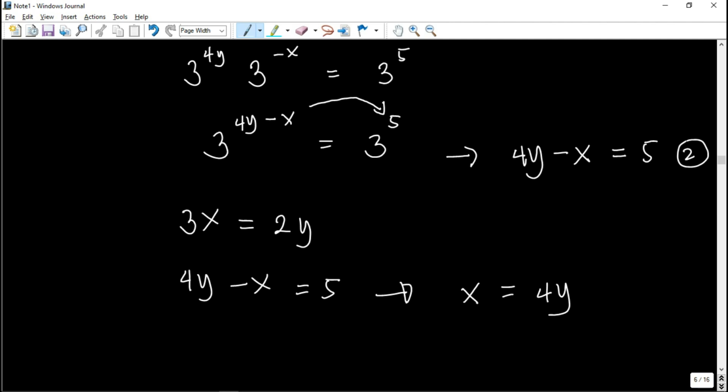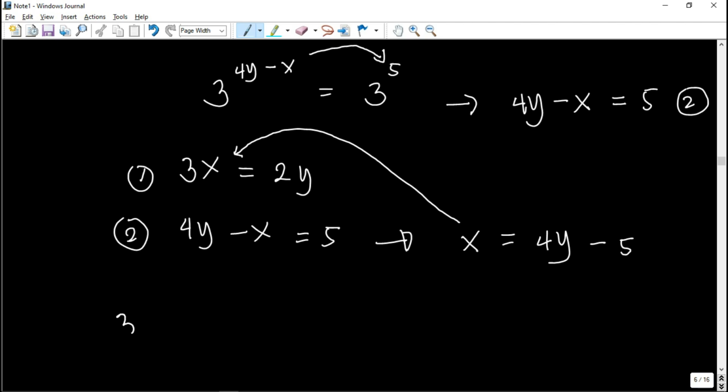Okay, lipat natin dito sa right, maging positive. Etong si 5, lipat natin sa left. So, maging negative siya. So, 4y minus 5. Then, si x dito, just substitute that to here sa first equation. Okay, second equation here. So, 3 times. So, yung x natin, 4y minus 5 equals 2y.